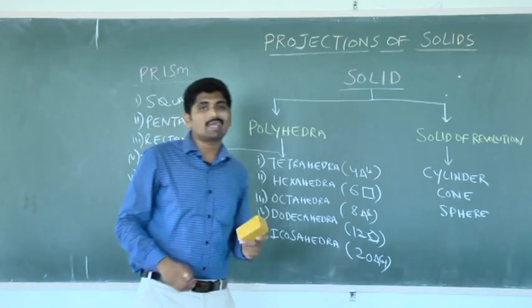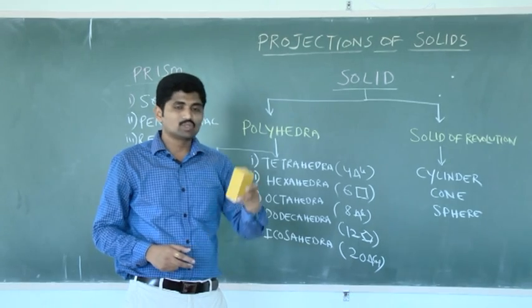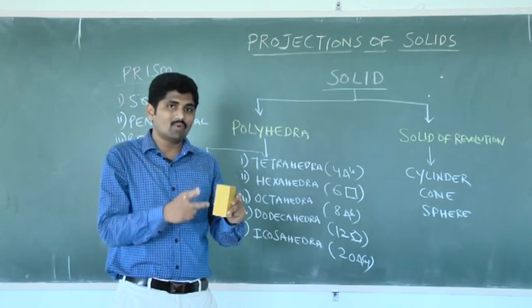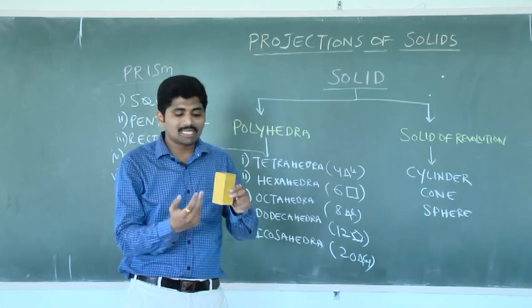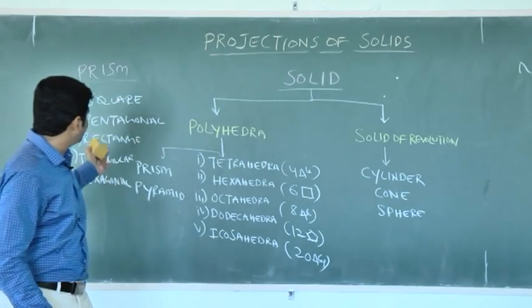These are the basic types of prisms we have. We already know that a prism is a solid which is bounded by two similar faces, that is, the top face and bottom face are the same and the surrounding faces are rectangular faces. In this we have five types of prisms.